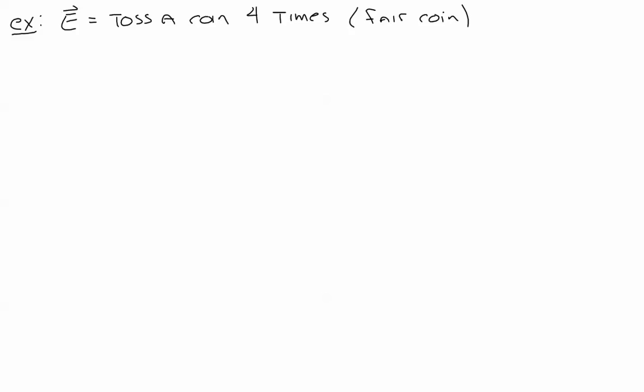Let's do a different example. The repeated experiment will be to toss a coin 4 times. And we'll assume it's a fair coin, meaning that it's 50% likely to land heads and 50% likely to land tails. All right.